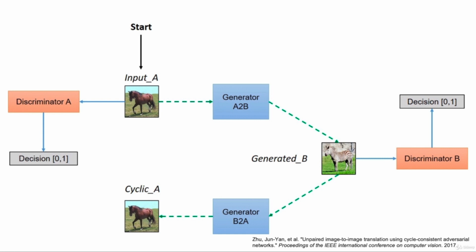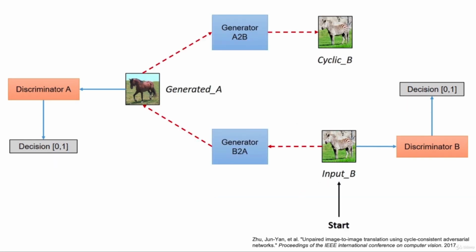In this model, we also have a generator B to A, which transforms a zebra back to a horse. This was the first part of the CycleGAN iteration. Now let's continue with another one. We start from the image B as an input. Now discriminator B decides whether this is a horse or a zebra and tries to distinguish them.